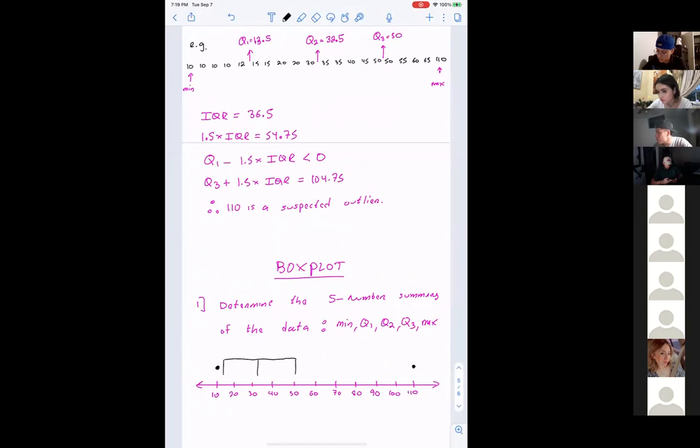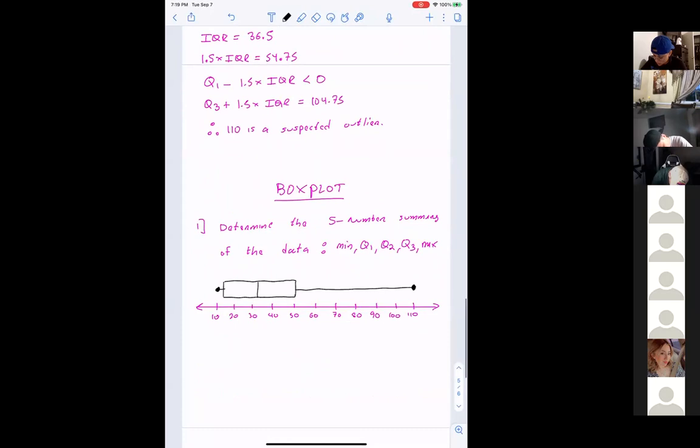And that's going to create a box. And that's our box plot. Notice the 5 numbers, the edges of the different sections.